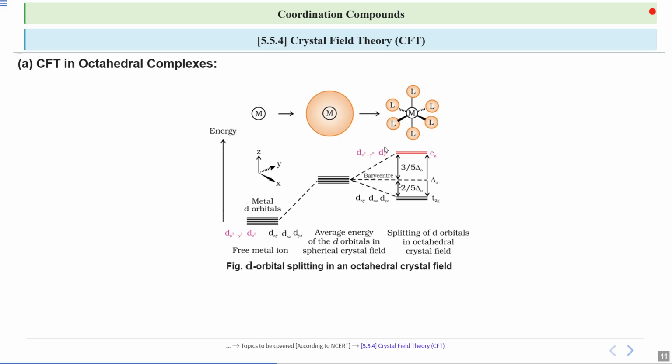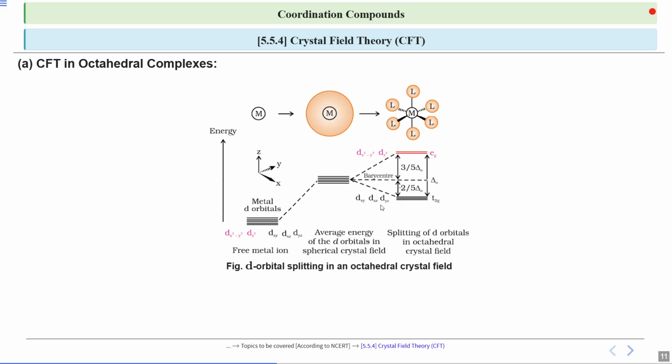So dx square minus y square and dz square are placed in the EG set having higher energy, and the orbitals dxy, dxz, and dyz have lower energy comparatively. So the d orbital splits between the EG and the T2G set.